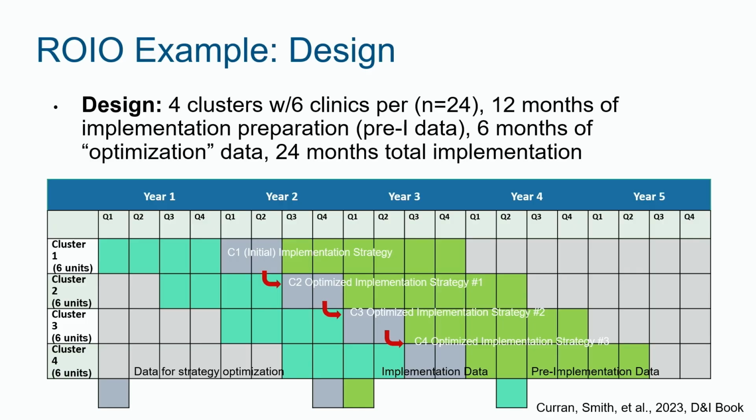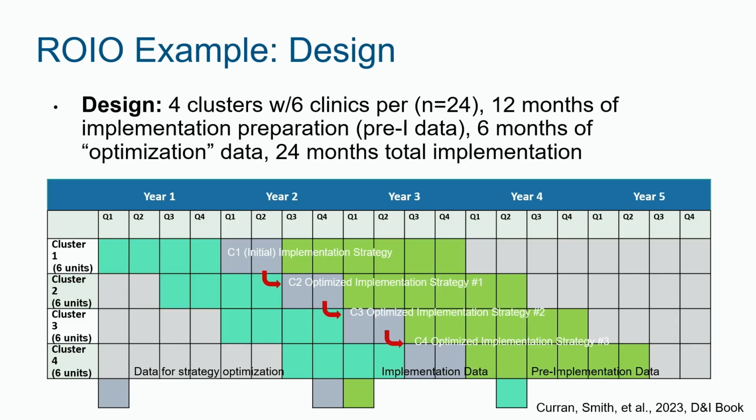That gray box where the red arrows start is implementation data, but that is the period in which you are gathering data for your optimization process. So it's very rapid optimization, and I'll break this down in a minute. As you can see here with 4 clusters, you have 3 opportunities to improve. I'll talk again about what improvement means and what those optimization decisions are.